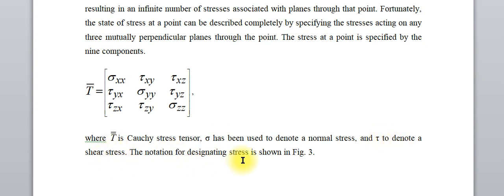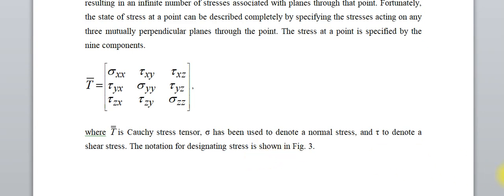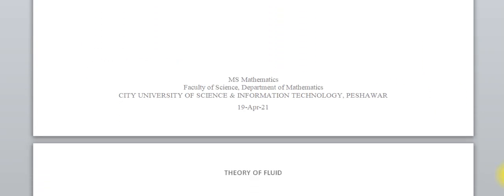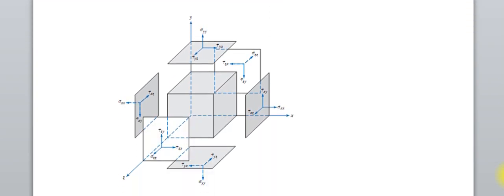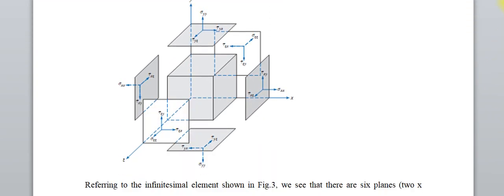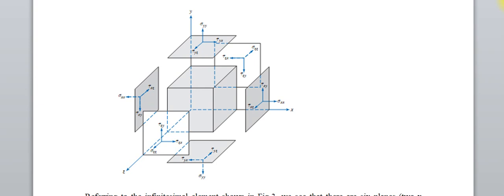The notation for stress is shown in figure 3, where you can see the 9 stresses. This is the x surface, this is the positive y, and this is the positive z surface.